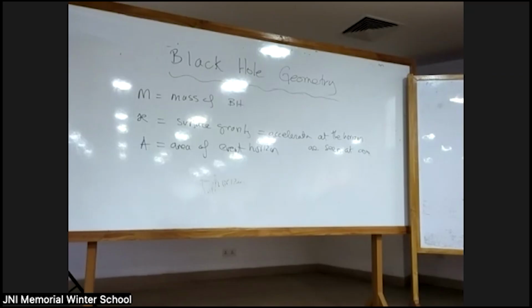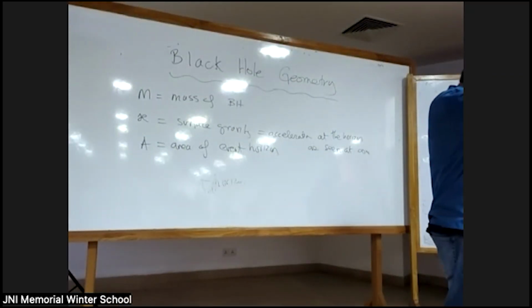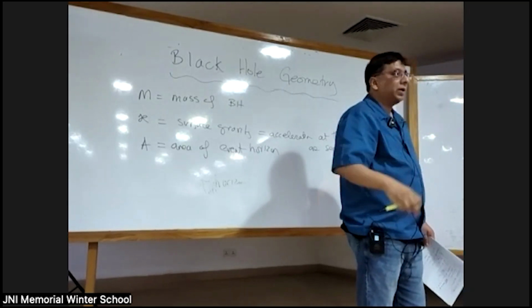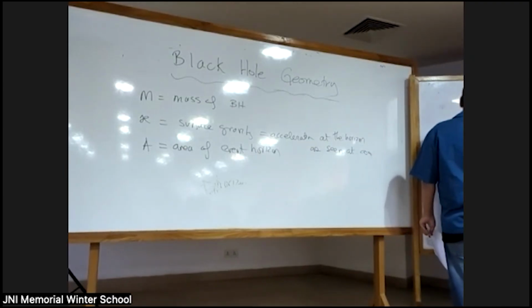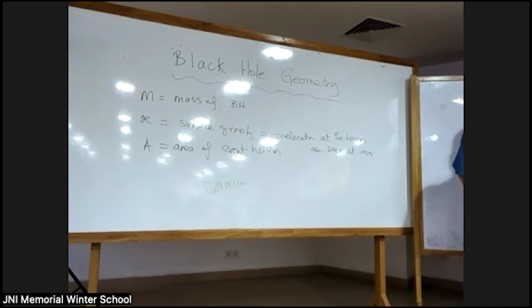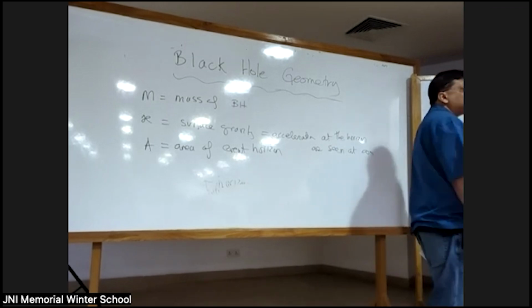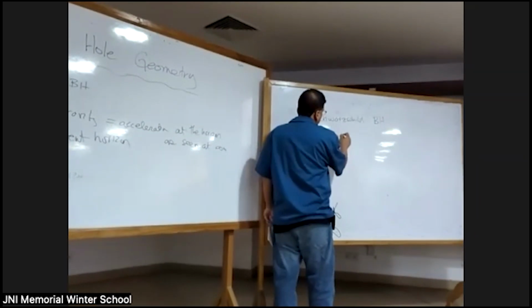So, Tasnava showed you the solution for a spherically symmetric black hole. She derived this black hole. We're going to use the signature of minus plus plus plus.